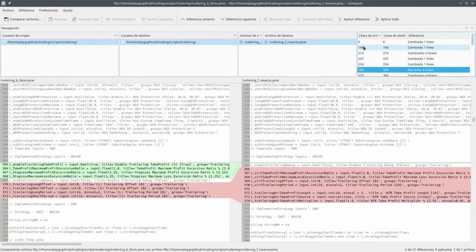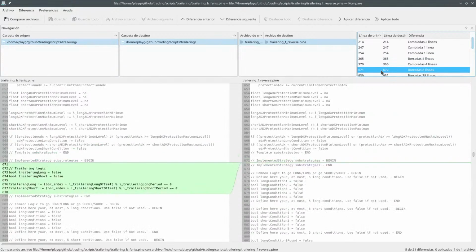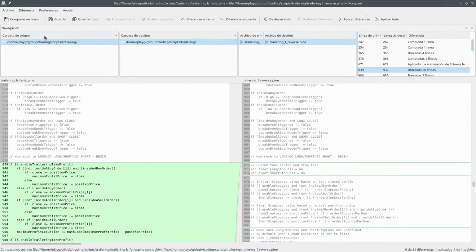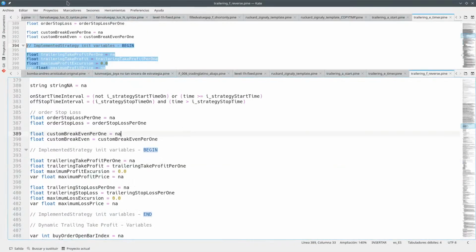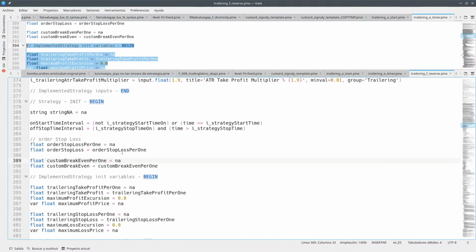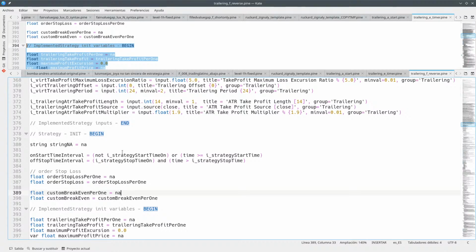Long strategy, whatever. Have some settings here, and here you have these virtual settings which are different, but they are different because, okay, this is the implemented super strategy. So we don't want to implement this, we want to do this as a virtual super strategy which will be used as we want to.